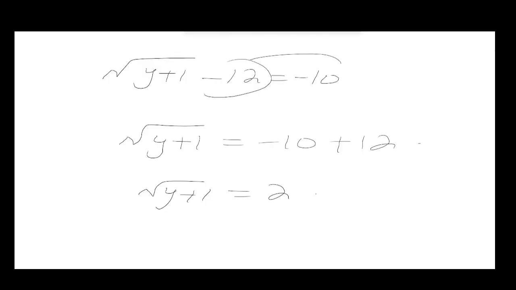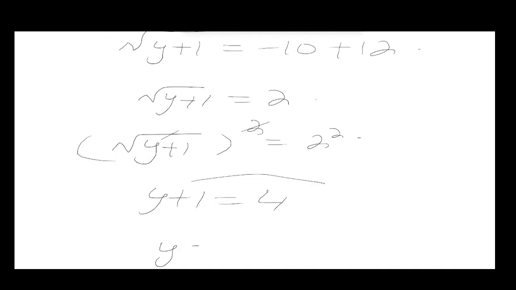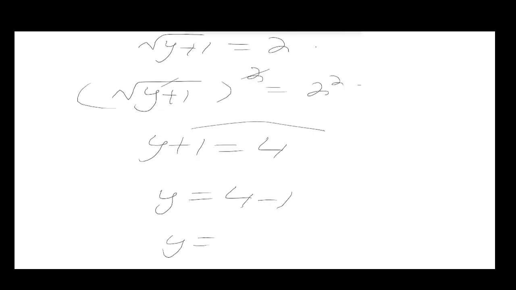Now we are going to take the square on both sides. That leaves us with y plus 1 whole squared, and that is equal to 2 squared. So the 2 will get cancelled with the root. y plus 1 will be equal to 4. 1 will go to the right side. So y is equal to 4 minus 1, or simply 3. So the value of y is equal to 3.